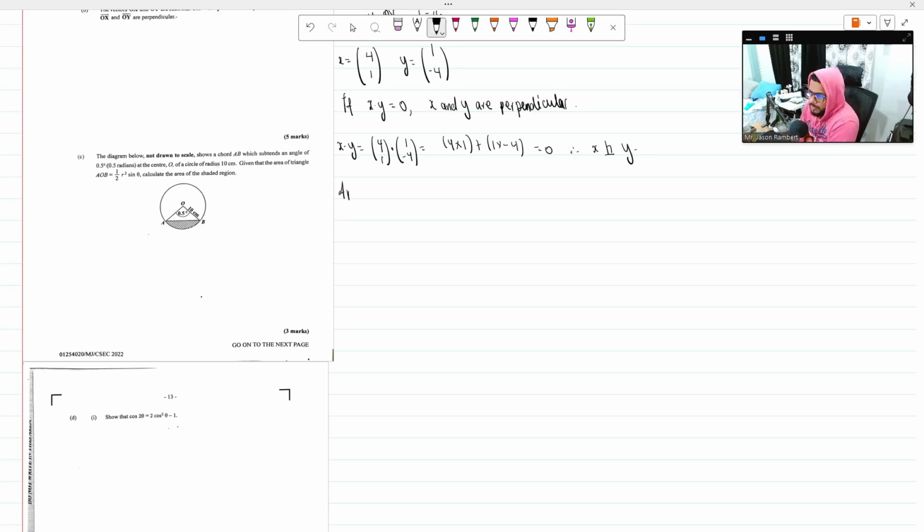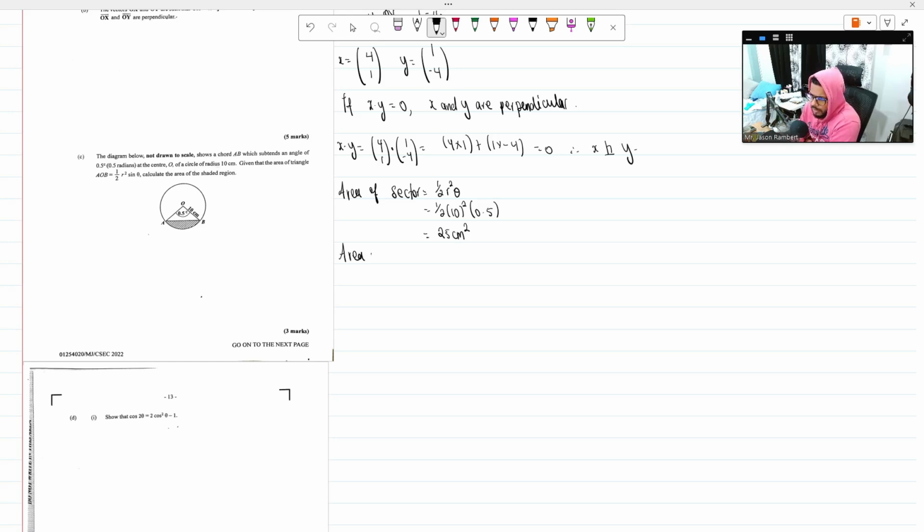The area of the sector is equal to 1 half r squared theta, which is 1 half times 10 squared times 0.5. 10 squared is 100, half of 100 is 50, and then half of 50 is 25. So I'll get 25 centimeters squared.